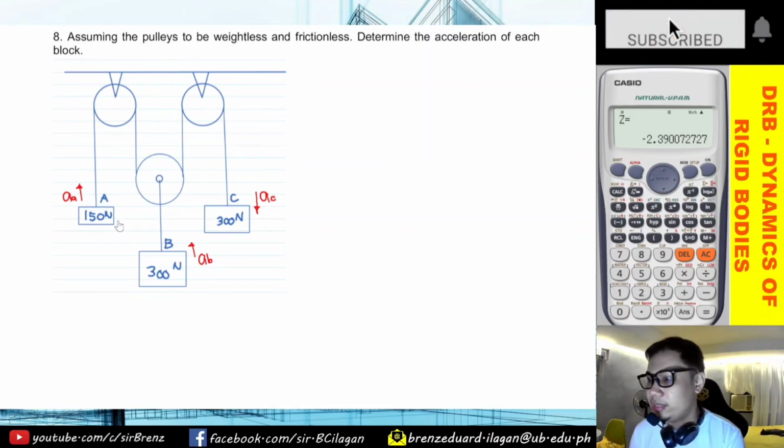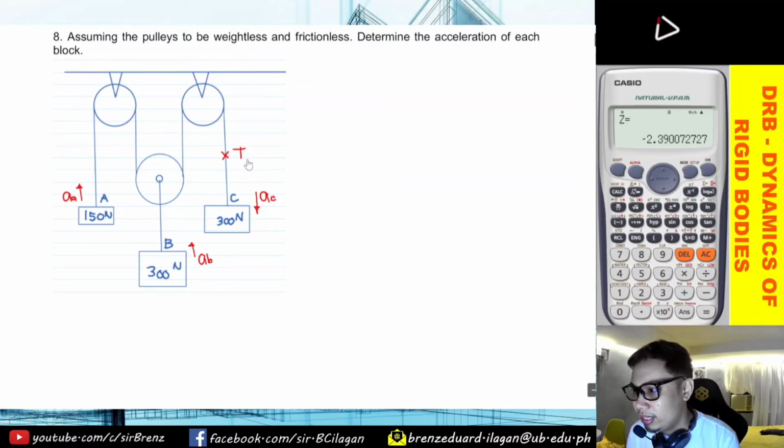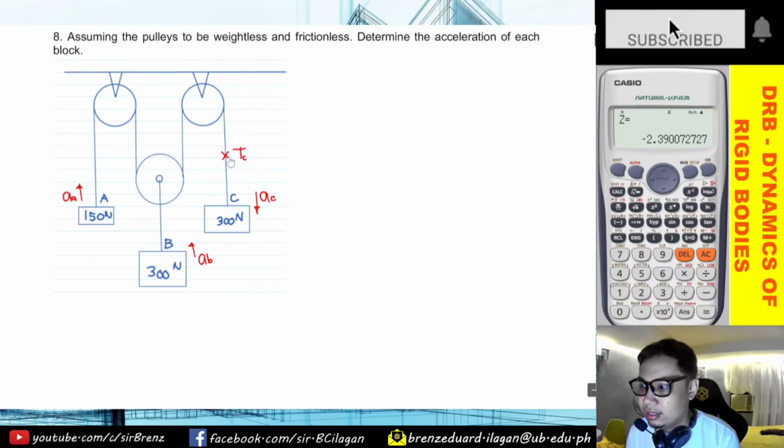Okay, so after assuming the direction, lagyan natin dito. Pangalanan natin siya as T, tension C. Pwedeng T na lang. Sige, gawin na natin TC.